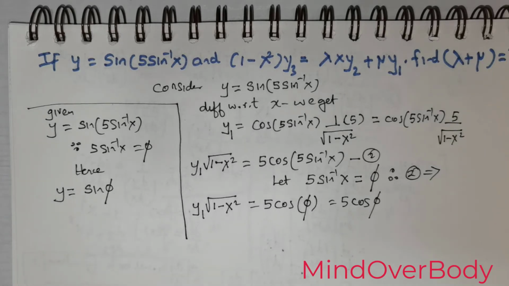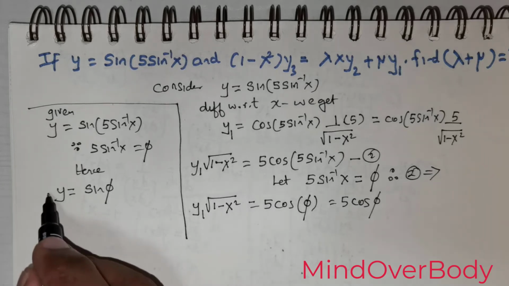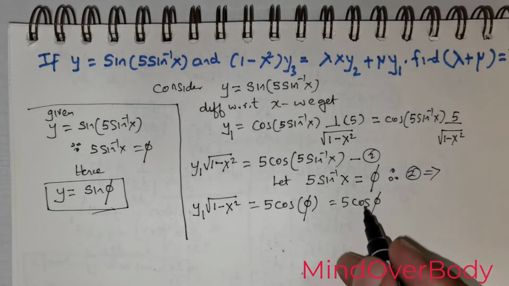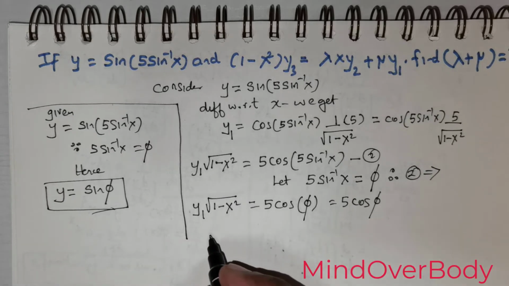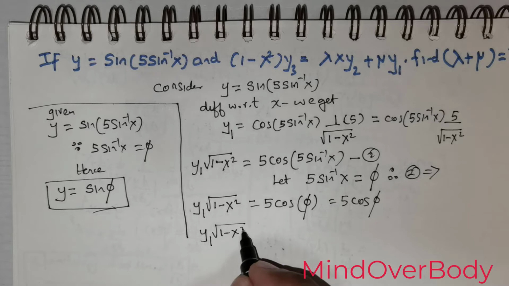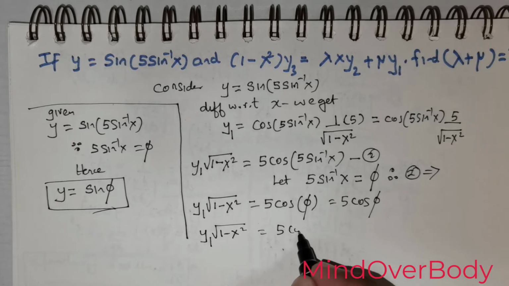So that is a nice way that we have got our y. Now having obtained y, let's go back to our system. Clearly we get y₁ times root of 1 − x² equal to 5 cos φ.